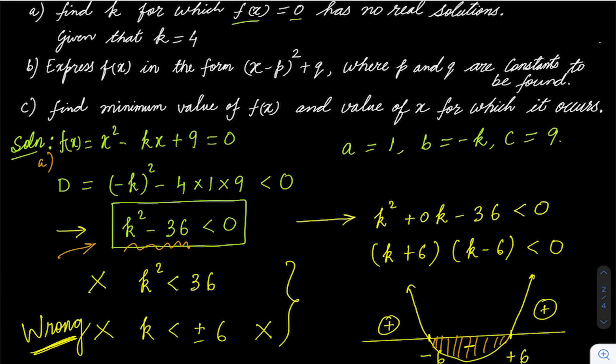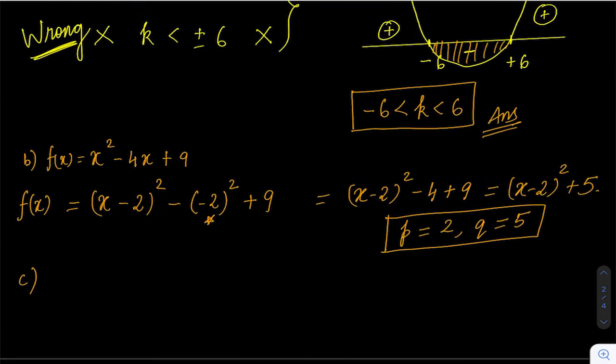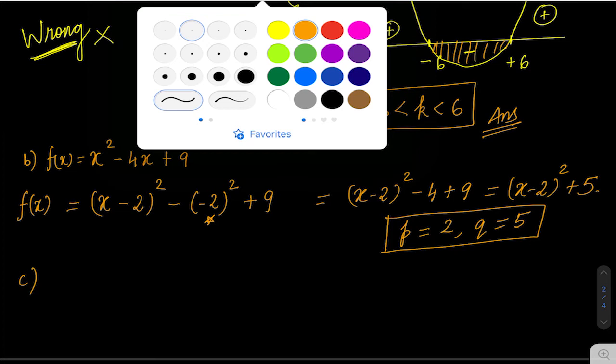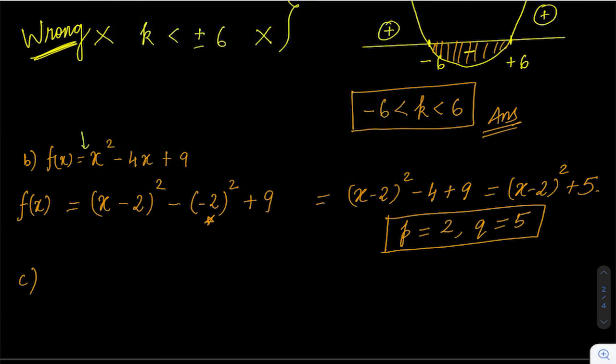In C part they are asking to find the minimum value of f(x) and also find the value of x for which it occurs. Okay, so now we have already done how to draw the graphs. If you look at this quadratic, you will observe that this a is 1. Now we discussed this.